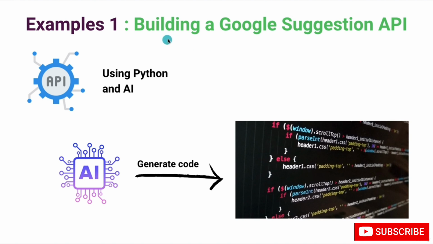In our case we will use a Google suggestion API tool. We will build one API that is related to Google suggestion. It will suggest what keywords Google is suggesting.